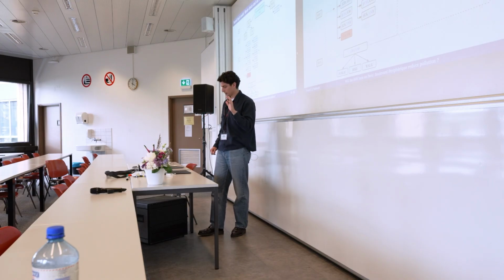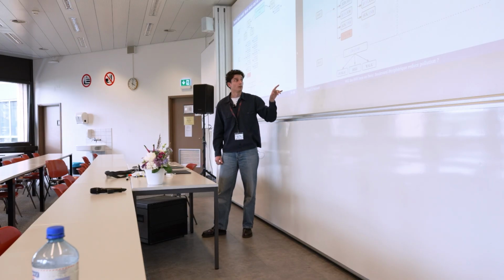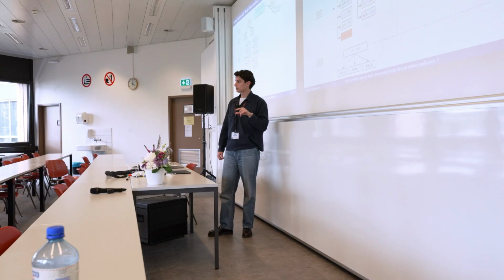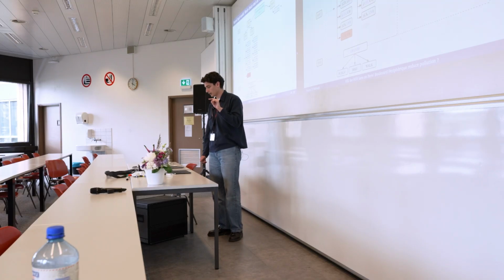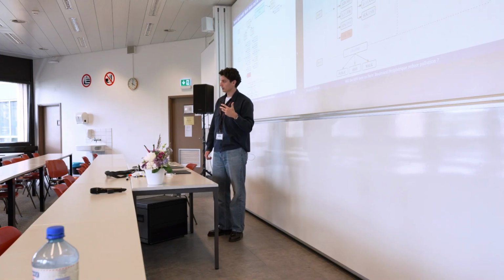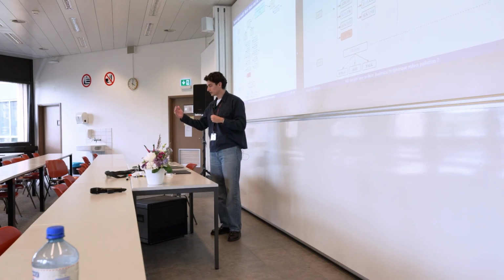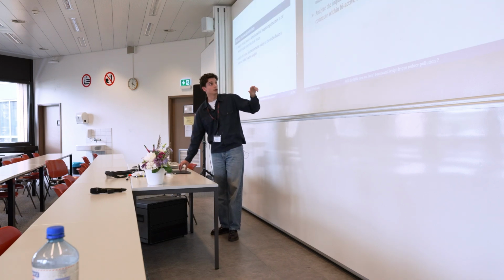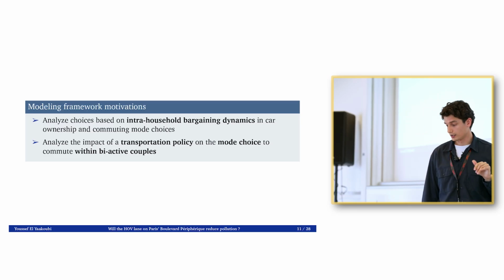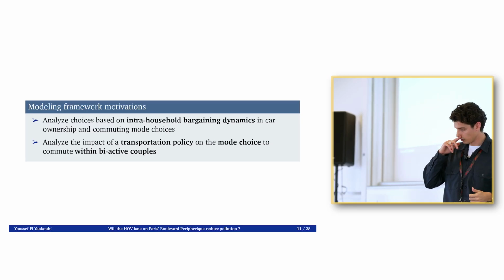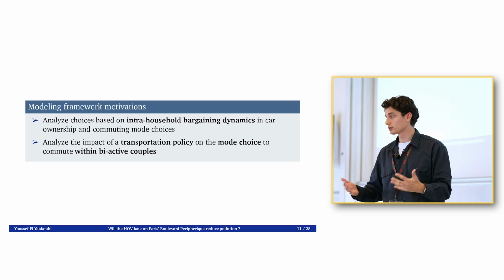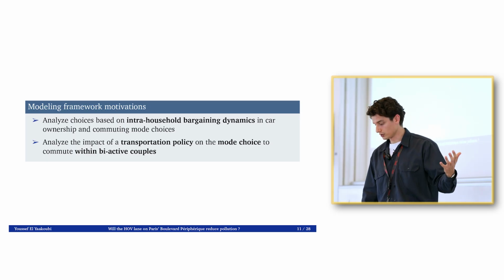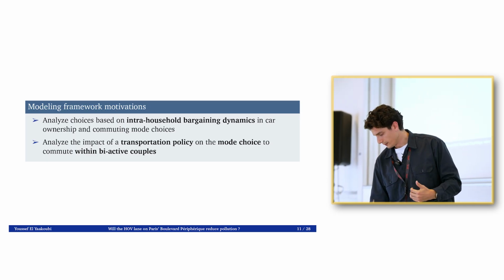We are estimating a weighted utility, weighted by the Pareto weight, an endogenous Pareto weight that describes the decision power of both the man and the woman. I will talk about it in the specification. Here we want to analyze the choices based on intra-household bargaining dynamics and also the impact of this transport policy on the mode choice to commute within couples.